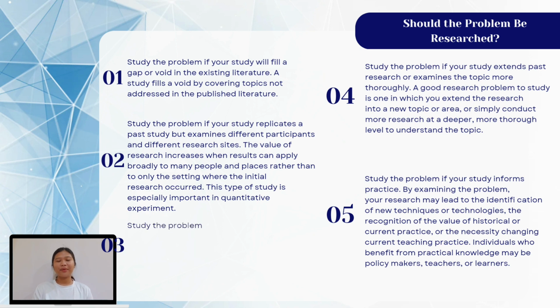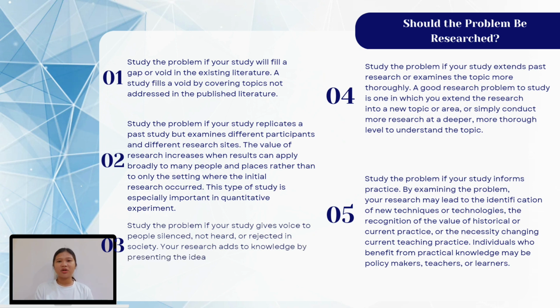The second example is if you're considering researching a problem, it's important if your study lets people who are often ignored or pushed aside in society have their say. This means giving a platform to groups of people who are often not listened to, like the homeless, women, or racial minorities. Your research can help us learn more by sharing the thoughts and experiences of these marginalized individuals.